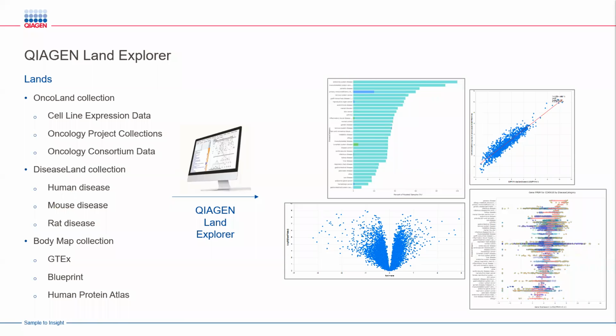And this does not only have your expression data, you'll also find mutation data, copy number variant data, etc. And then finally, we have the Body Map collection. This particular collection will have your normal tissue expression data coming from GTEx, Blueprint, and Human Protein Atlas. So if you're looking for healthy tissue expression, you can simply use some of these collections within the Land Explorer.